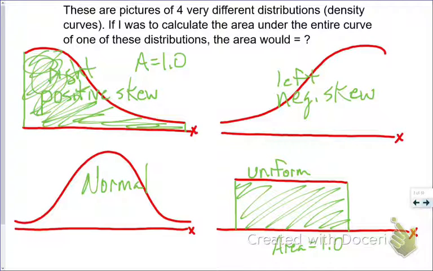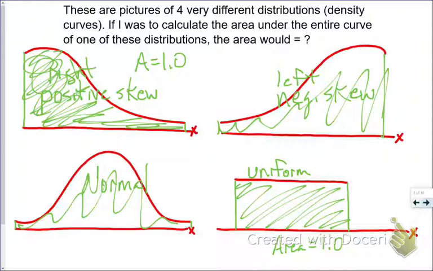It makes almost more sense when you convert it to a percent. I just shaded 100% of that distribution. And likewise for this normal one, if I shade it, it'll be 1.0. If I shade the left one, it'll be 1.0. What we're about to do is shade a specific interval and see if we can figure out specific proportions on the normal curve. We're not going to deal with skewed or uniform right now.